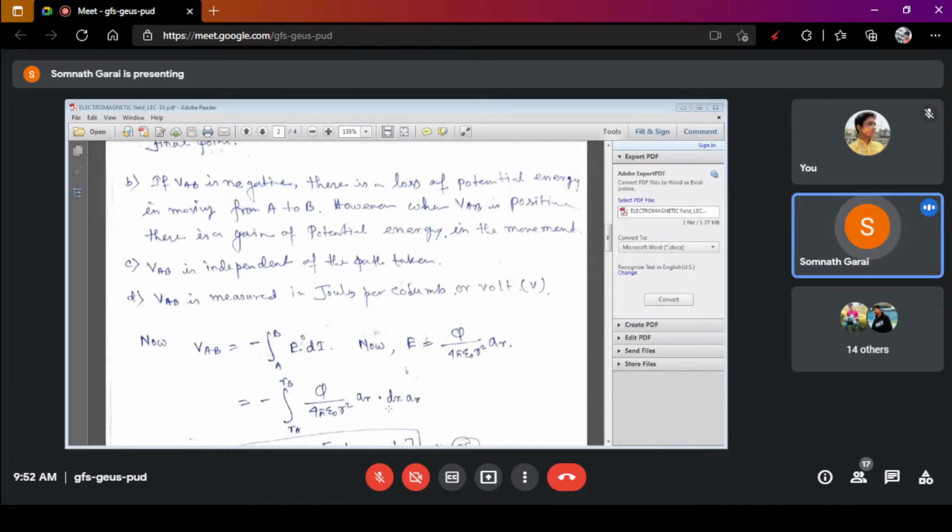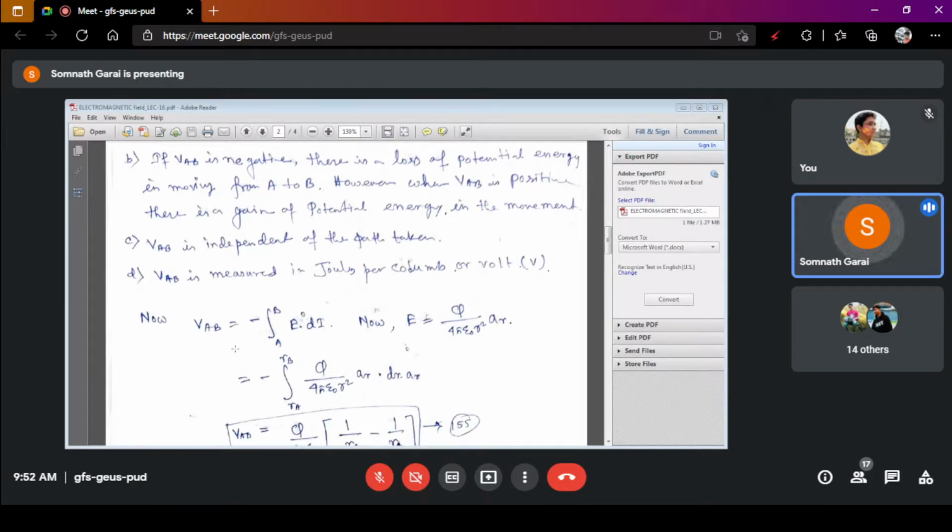Now, another equation. We know that VAB equals minus the integration over A to B of E dot dl. Okay.